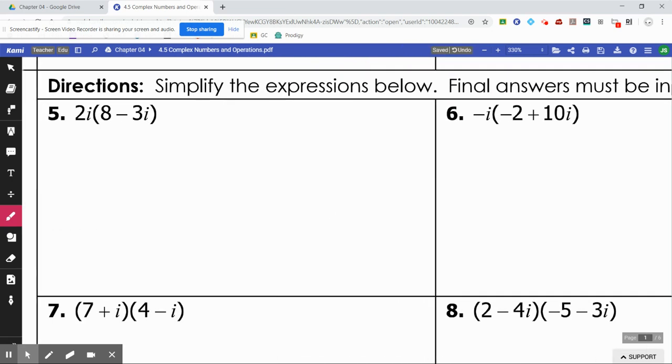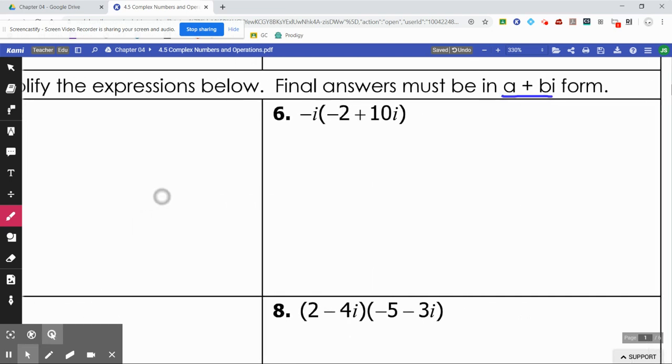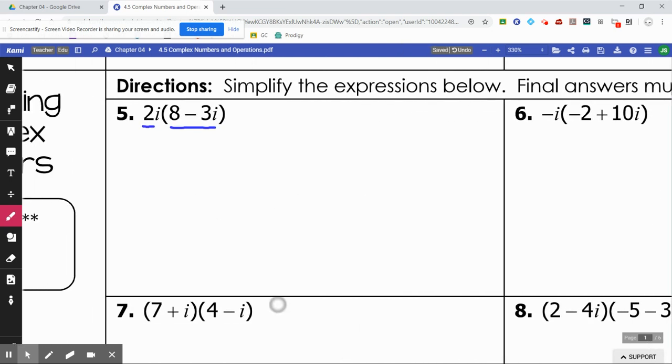Okay, next up, we're multiplying. We're going to multiply here on the first one, a pure imaginary by a complex number. Again, same principles are going to be used. Again, we're leaving our final answers in a plus bi form. 2i times 8, distributive property gives you 16i. 2i times negative 3i is a negative 6i squared.